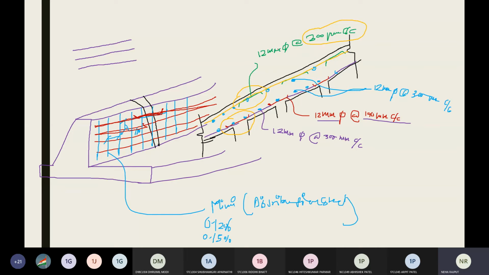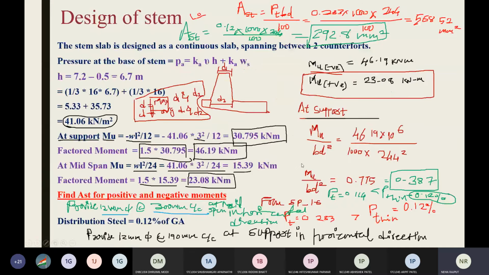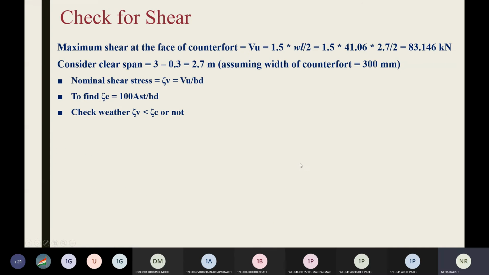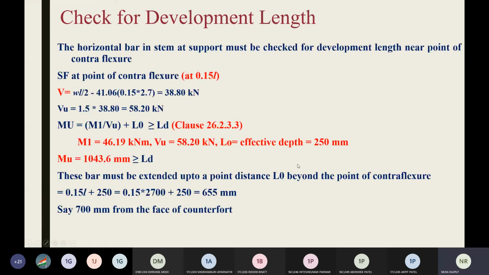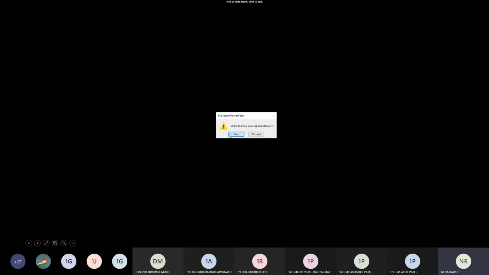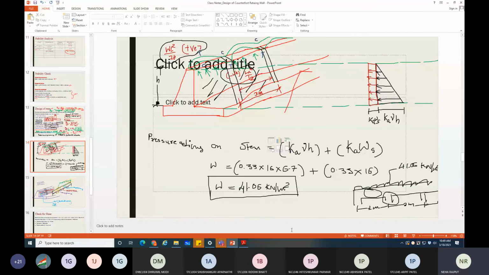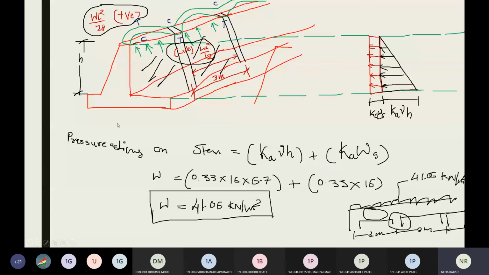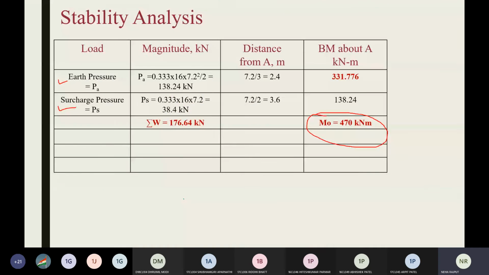ये view में ये है और ये है आपका plan view. राइट. So this is all about the design of stem reinforced stem part, design of stem part, right? Now, the remaining part for the design of stem is the connection of stem with the counterfort member.